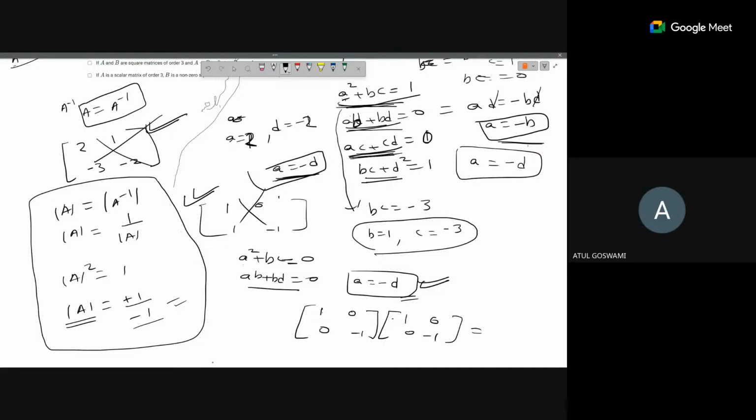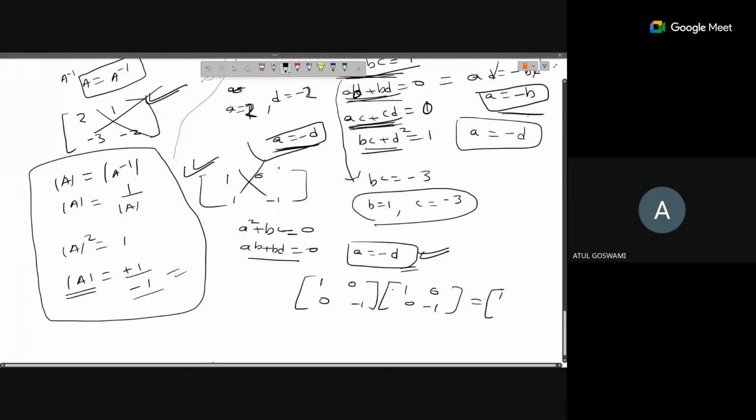Can you calculate this? What will come? 0. Okay, we are not getting 0 here. We need one more equation. This is one condition, and we need one more condition.